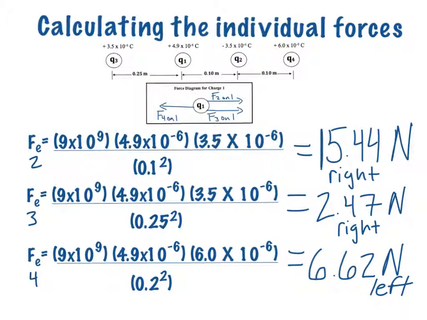Charge 3 has a force of 2.47. If I do that calculation again, in this case it was already positive, so I left it. And then down here for charge 4, it acts to the left, so I can say that it acts to the left. So, given those calculations, that's how I would set those up and get those actual numbers.